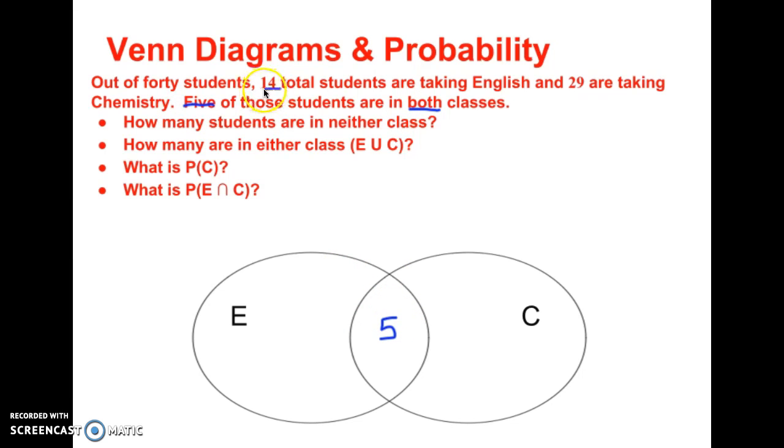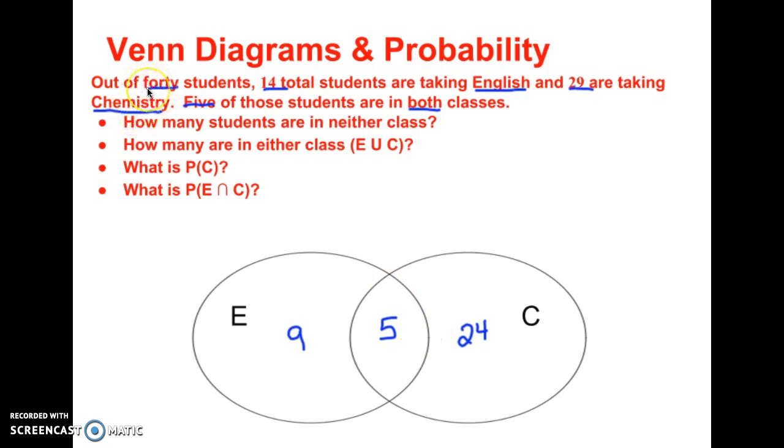I have 14 total students in English. So here's 5 of them. So that means there are 9 left. And 29 total students in chemistry. So here's 5, so that leaves 24 of these people left.